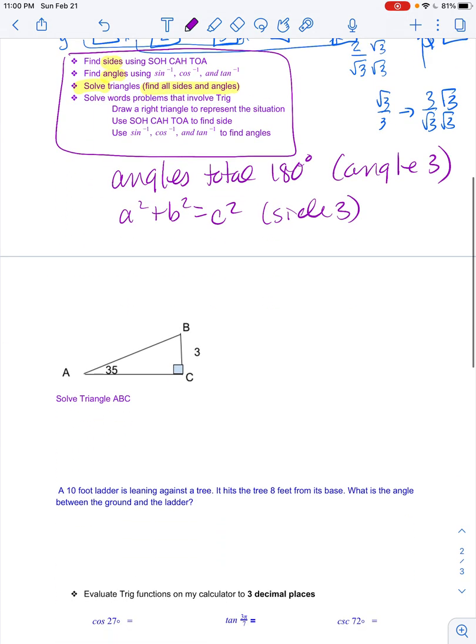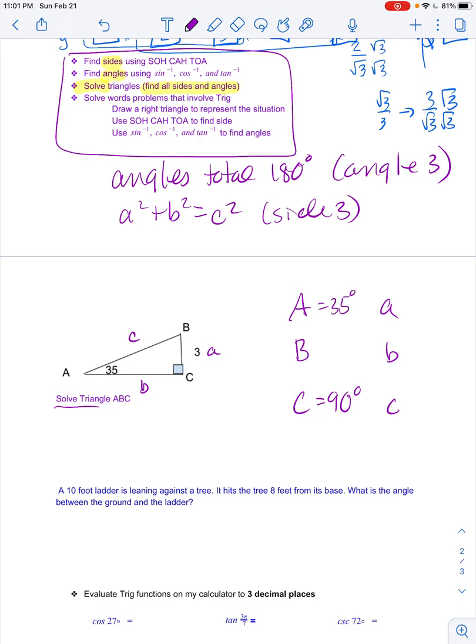So I just have 2 examples that kind of cover all of those things. This is to solve the triangle, finding all the angles and all of the sides. Across from angle A is side A, across from angle B, side B, across from angle C, side C. What do I know? I know that's 90. What do I know?